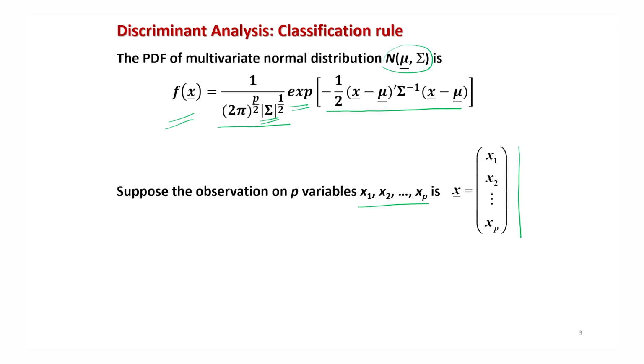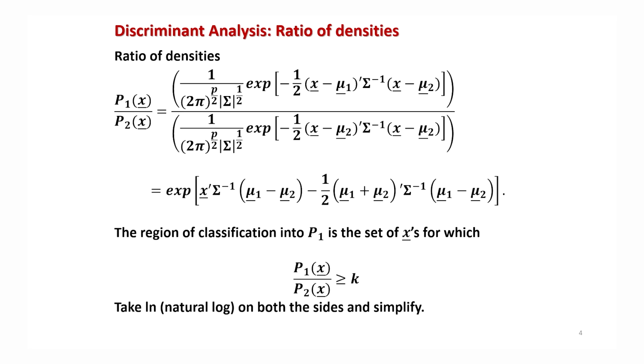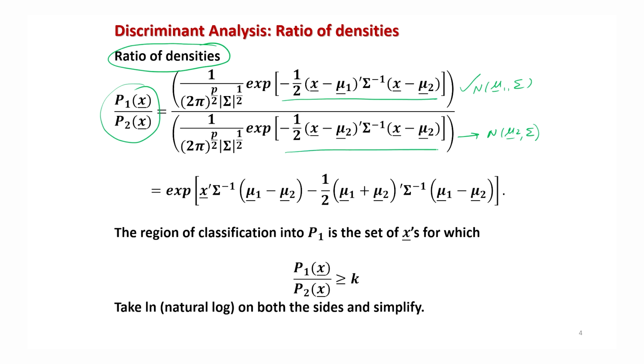Right. So now we try to create the linear discriminant classification rule based on these two populations. We consider the ratio of probability density functions P1 upon P2 for a given x. You can see here this is the normal distribution with covariance matrix sigma, and in the denominator we have the second mean vector mu2 and covariance matrix sigma. So both are the probability density functions of normal(mu1, sigma) and normal(mu2, sigma).